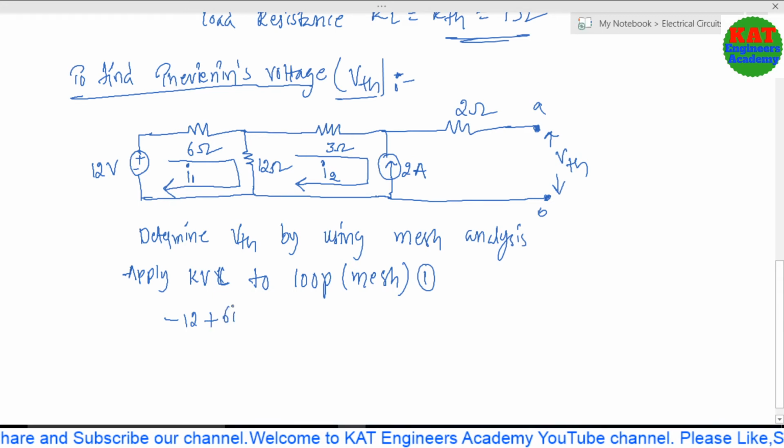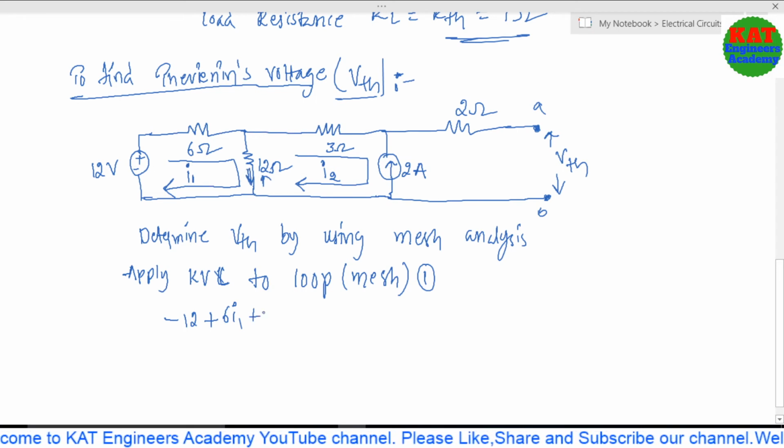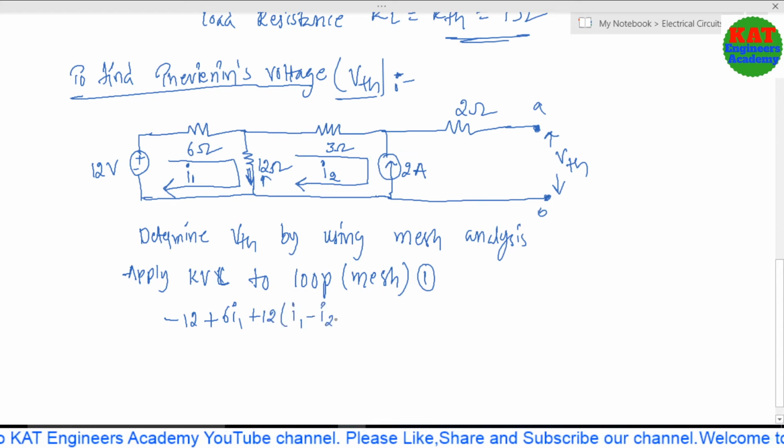So 6 I1. Next, the 12 is in between the first loop and the second loop, so both the currents are flowing in the 12 ohms. So finally we can consider the resultant current. With respect to the first loop, we are writing the equation. You have to consider I1 minus I2 because I1 is downward and I2 is upward. So plus 12 into I1 minus I2 equal to 0.